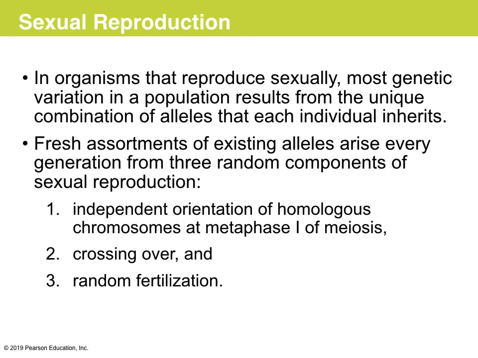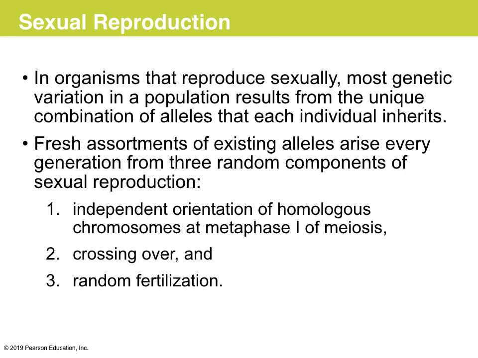Okay, so in organisms that reproduce sexually, most genetic variation in the population results from that unique combination of alleles that every individual inherits from its parents' gametes, right? Remember, now we're going to go back to meiosis here. Fresh assortments of the alleles existing in these parents arise every generation from the 3 random components of sexual reproduction.